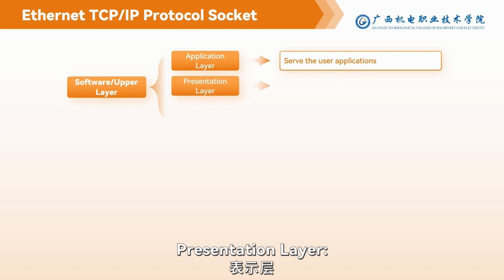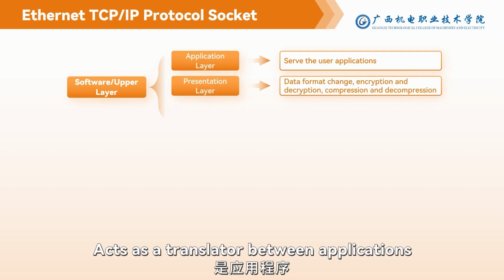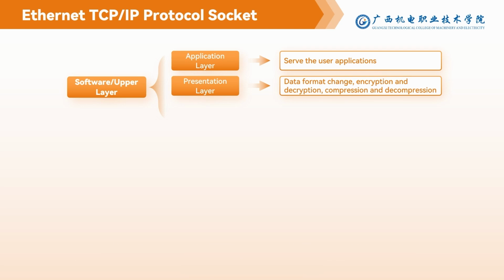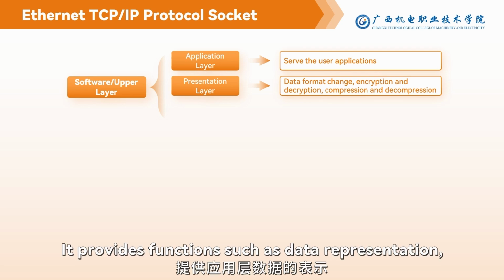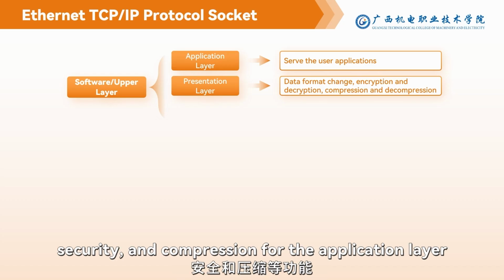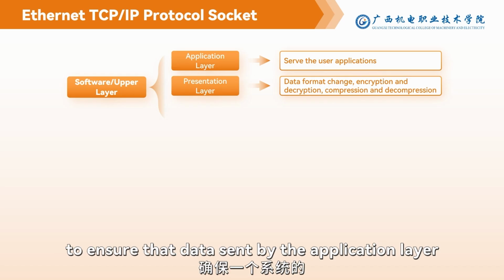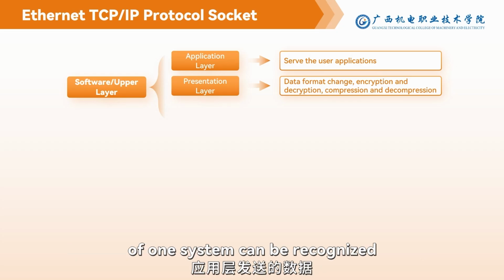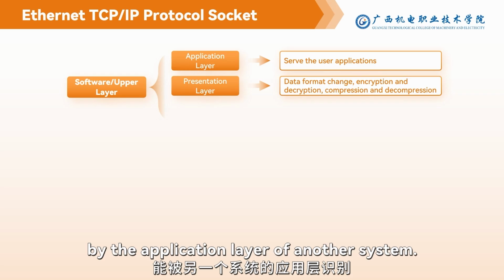The presentation layer acts as a translator between applications and the network. It provides functions such as data representation, security, and compression for the application layer to ensure that data sent by the application layer of one system can be recognized by the application layer of another system.